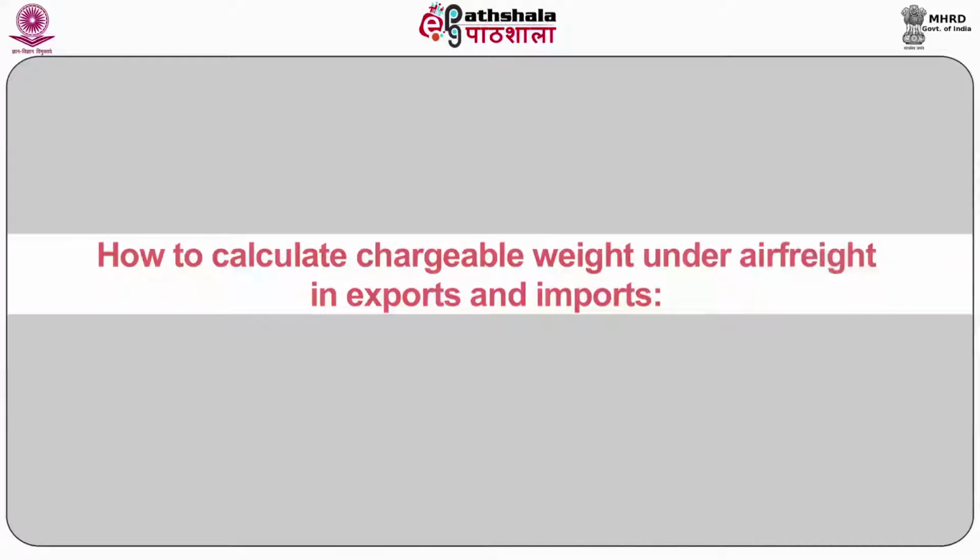Now, I will discuss how to calculate chargeable weight under air freight in exports and imports. Freight charge under air shipment is calculated on the basis of weight of cargo. Commonly, a question arises here whether actual weight or chargeable weight.